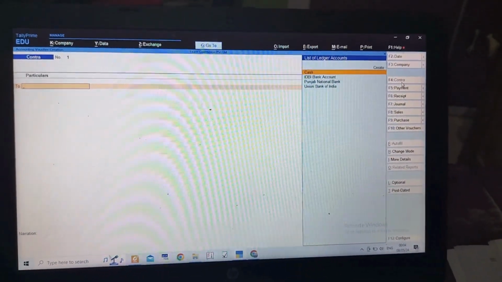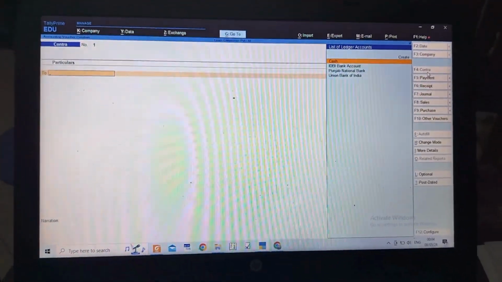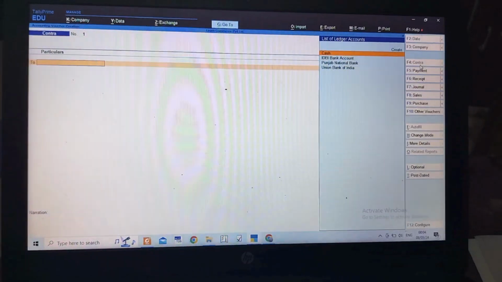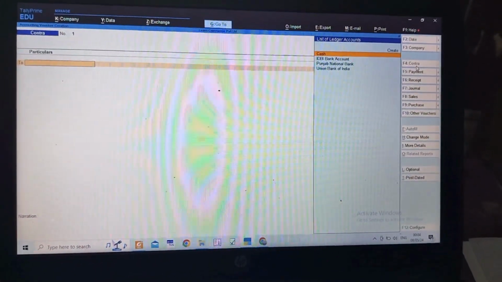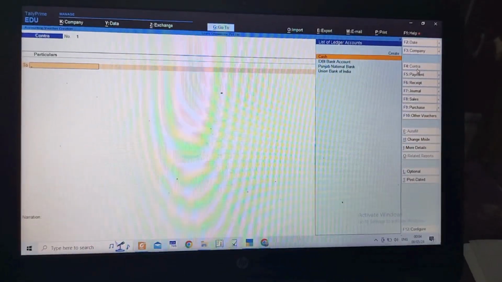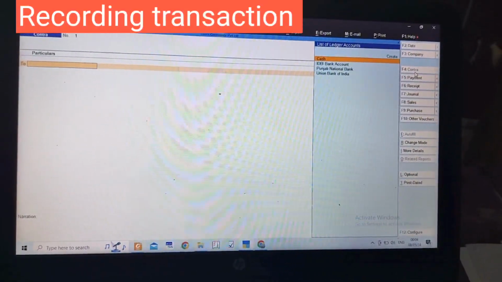So now tell me what will be the journal. We are depositing cash into bank, so cash is what is going out, okay. This is a real account and cash is going out, and bank is the receiver, so we will debit the bank and credit the cash account.